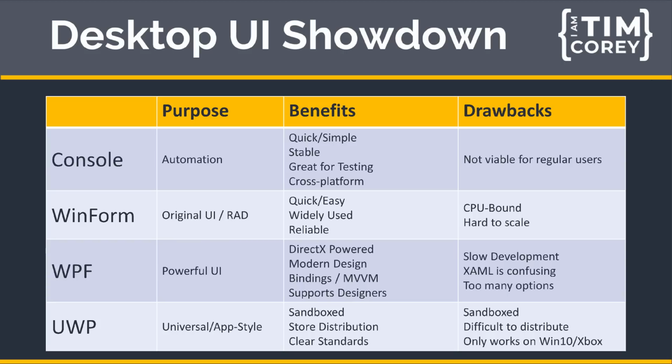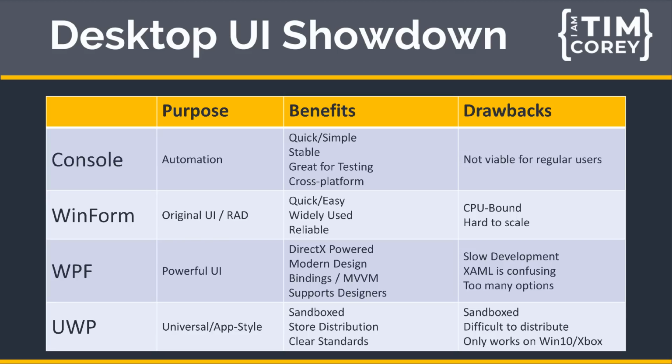But that can be a problem because not everybody is on Windows 10. And in fact, I would say the majority of the world is not on Windows 10. Especially businesses find it very difficult to upgrade their operating system because it changes the compatibility of their applications. So they can't just update whenever there's an update.